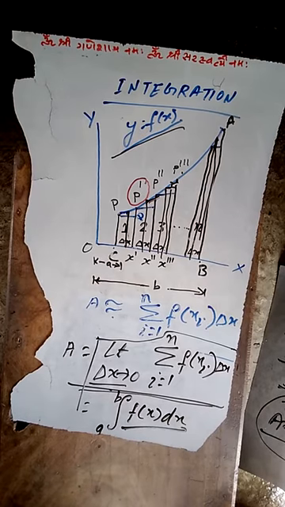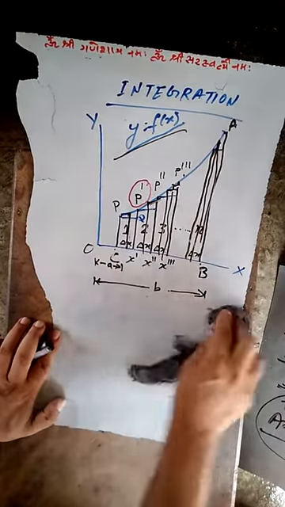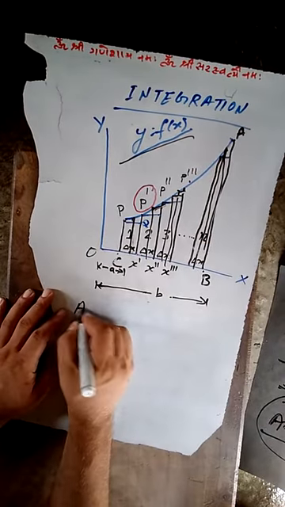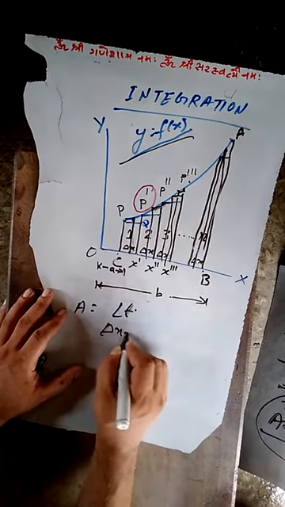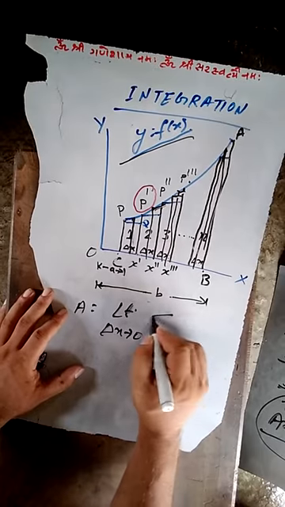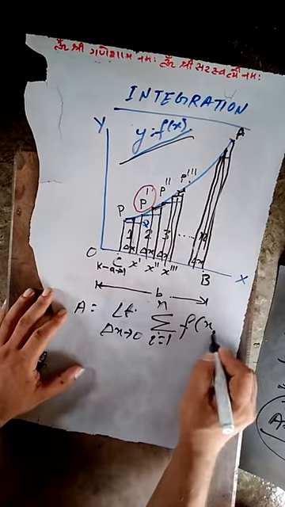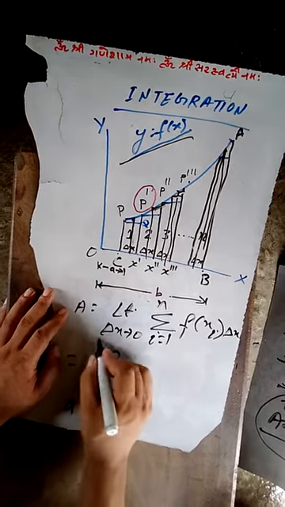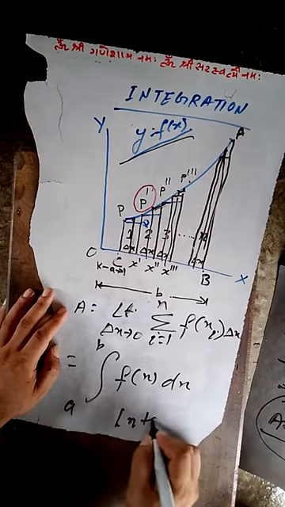So what actually is integration? What we got for the area is the limit as delta x tends to 0 of sigma i equals 1 to n f(xi) delta x, and this is represented by the symbol from a to b, f(x) dx, and this is your integration.